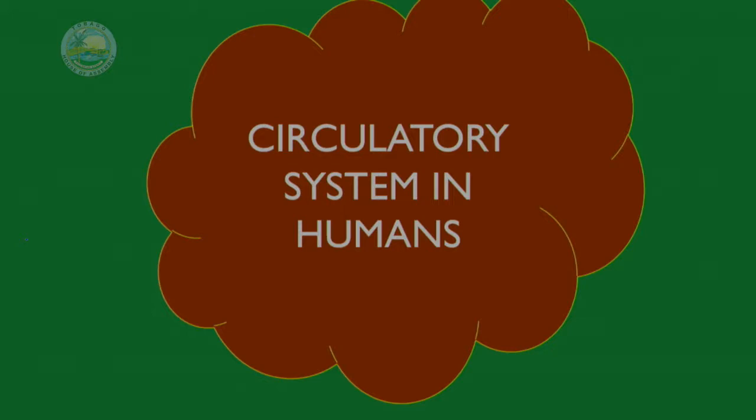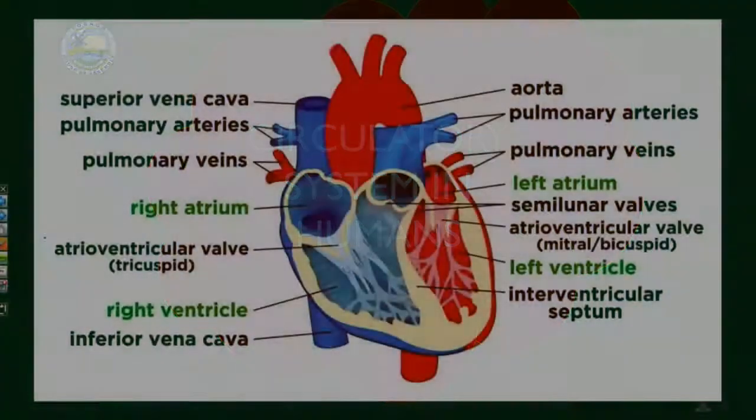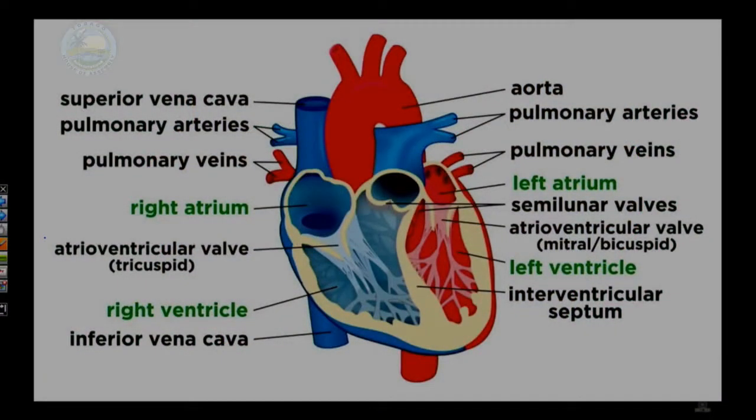Your circulatory system is made up of basically your heart and your blood vessels. Heart and blood vessels. So let us go through the structure of the heart, and we all know that the heart has one major function, which is to pump blood under pressure throughout the body.